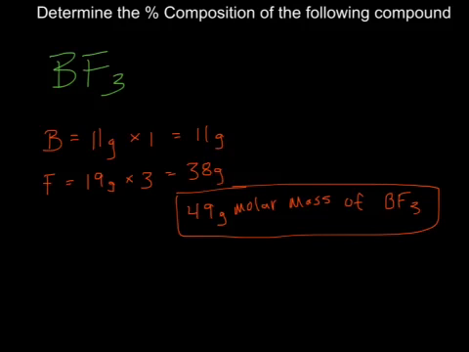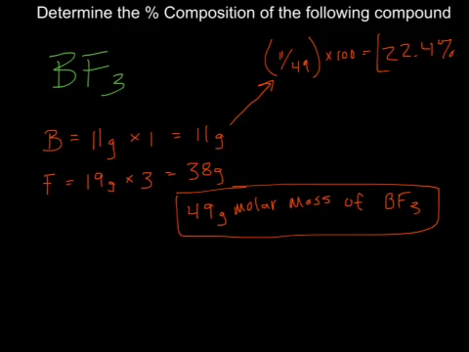Now, from here, to find our percent composition, we're going to divide our 11 grams of boron into our 49 grams of the compound, and we're going to multiply that by 100, and that is going to give us 22.4% for boron.